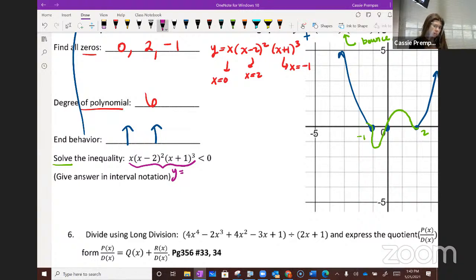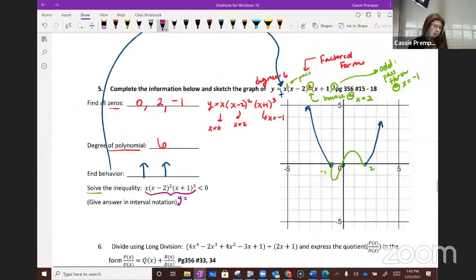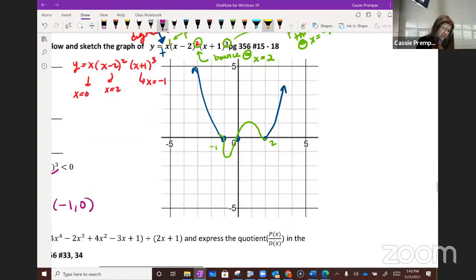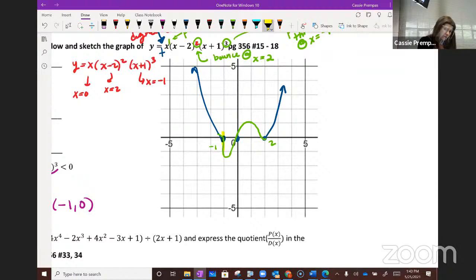So where is this function less than 0? Raise your hand if you think you know. Parentheses, -1, 0, parentheses. Nice. If you look at the graph from -1 to 0, the function falls below the y value of 0. So along those x values, the function is less than 0.